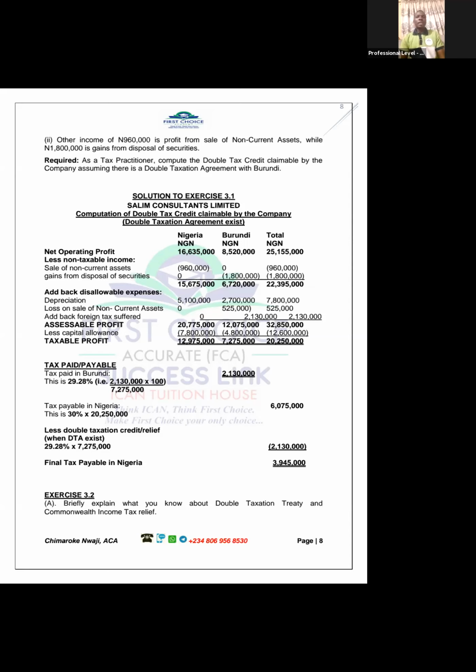Then you look again. Are there some income that is supposed to be taxed that was missing in the statement that you have not entered? Then bring it in. So it means after your net operating profit, you'll add taxable income omitted.